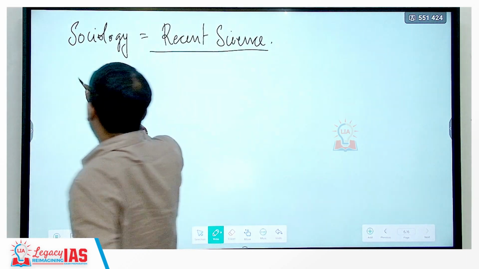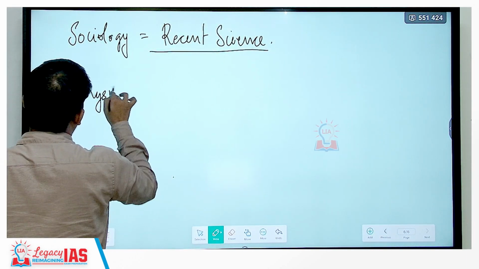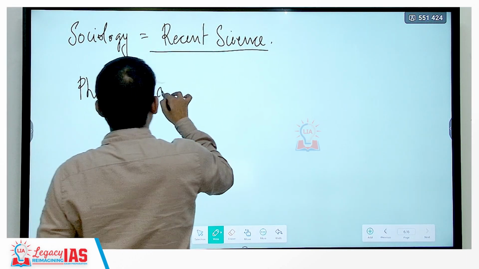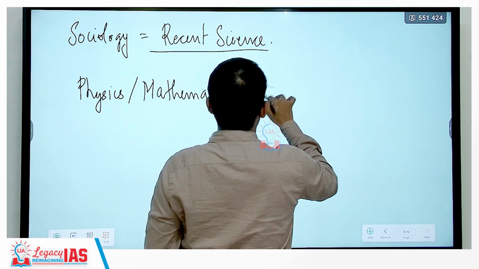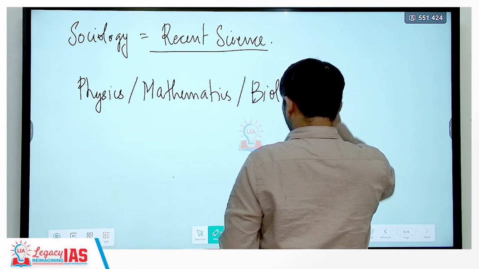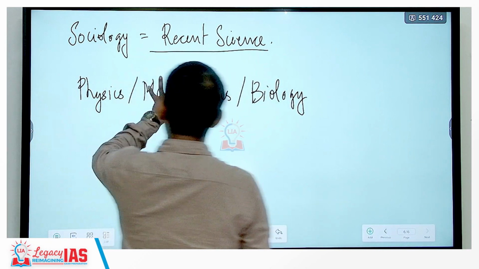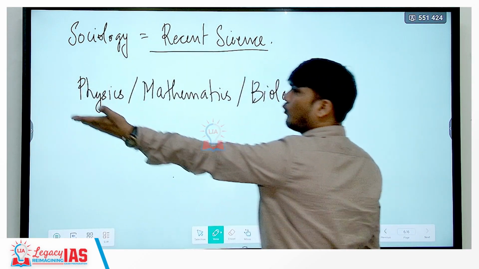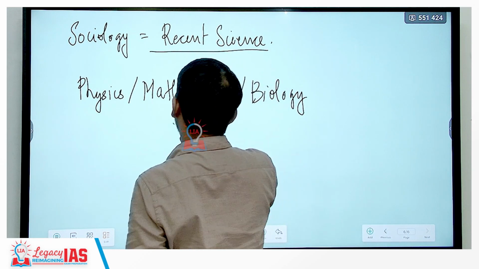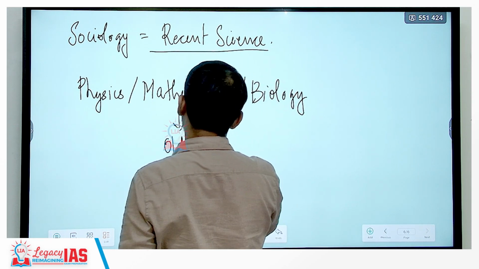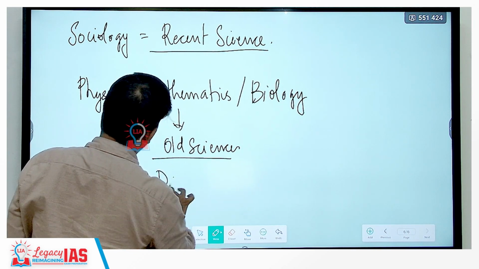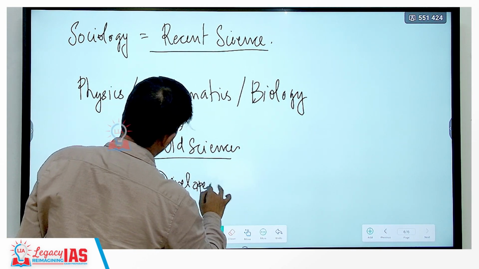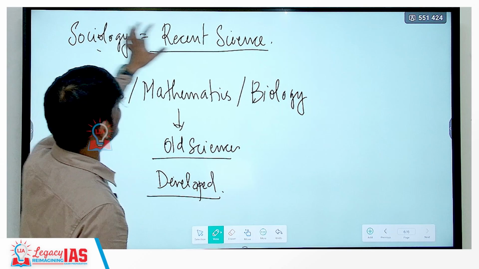But if you talk about physics, mathematics, even biology, these are even way before. So they are old sciences, very old in fact, and since they are very old, they are developed. Whereas sociology is a very recent science.